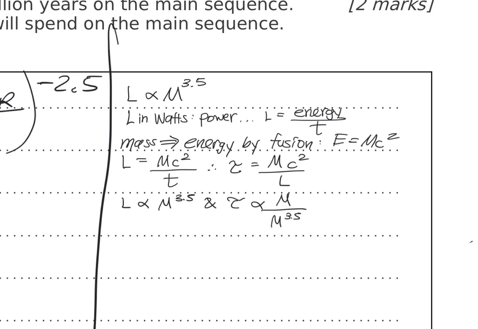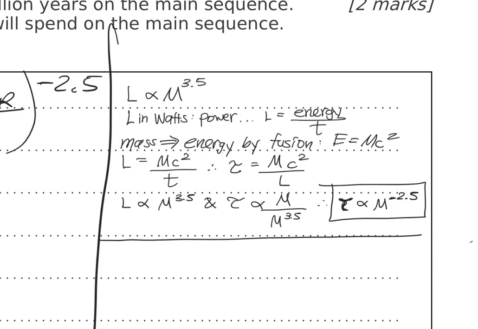Basically what we get is that the relative lifetime of a star, the period, is proportional to mass to the negative 2.5. So the relative period is proportional to the relative mass to the negative 2.5. That's where that is coming from.